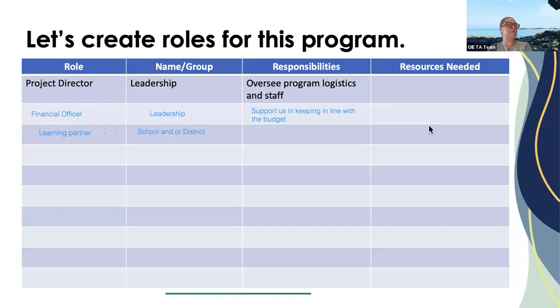A learning partner, a school or a district, great. Thinking about partners is always really important. This does not have to just be paid staff. You know, instructor, yeah, we're going to need an instructor for sure.